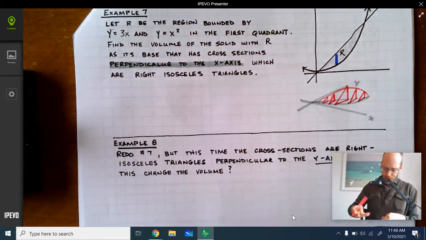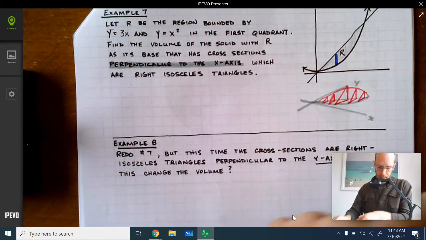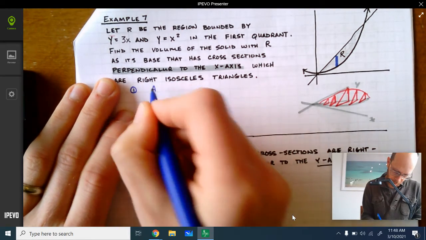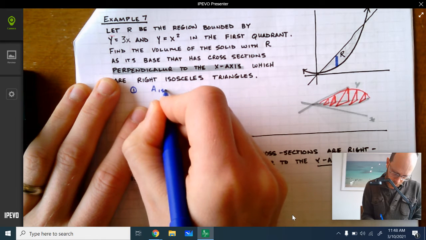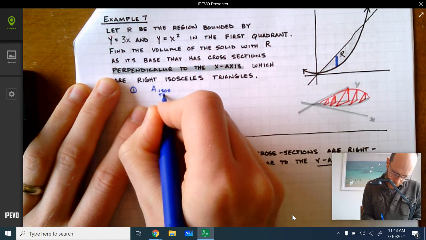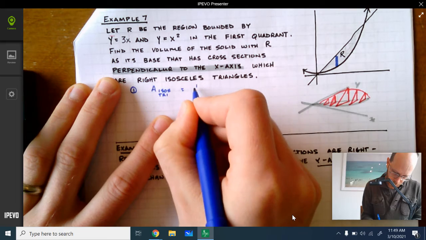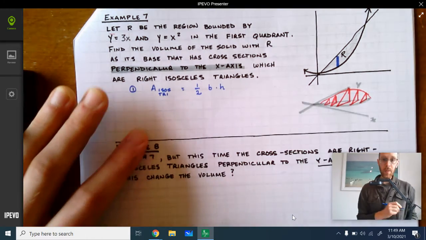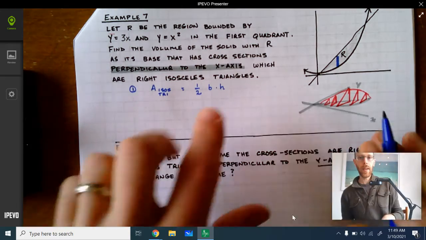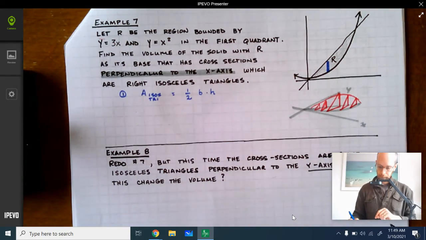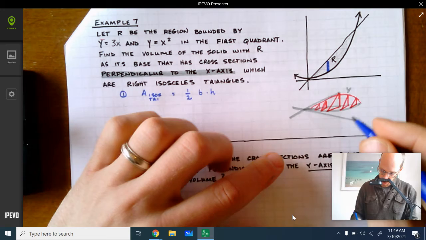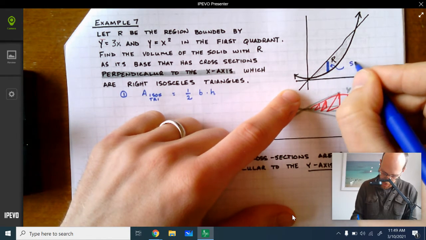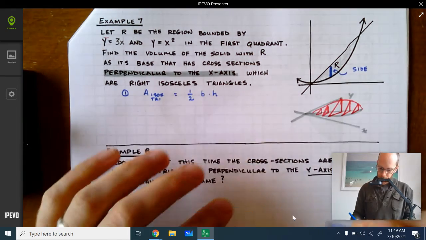All right. So let's follow the same steps we did last time. Step 1, I need the area of an isosceles triangle. And you don't want to say it's 1/2 base times height. The reason you don't want to say that is that's 2 variables, you want 1. I am going to call this right here a side of the triangle.